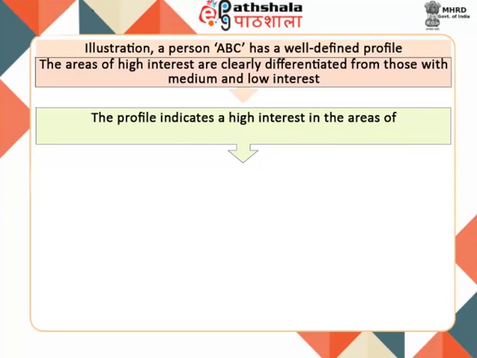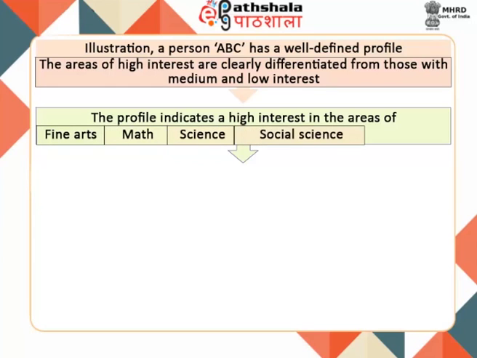The profile indicates a high interest in the areas of fine arts, math and science, social science, and management. The related educational subjects for these occupational groups show a great degree of commonality.